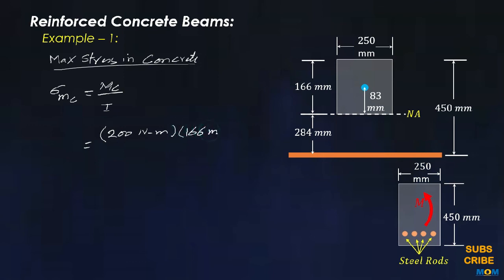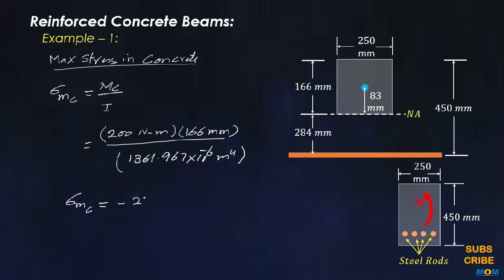So 166 millimeter upon the moment of inertia we have just calculated, that is 1361.967 into 10 raised power minus 6 meter 4. Now after calculation, the maximum stress in concrete is going to be minus 24.4 kilopascal. Now the negative sign here indicates the compression.